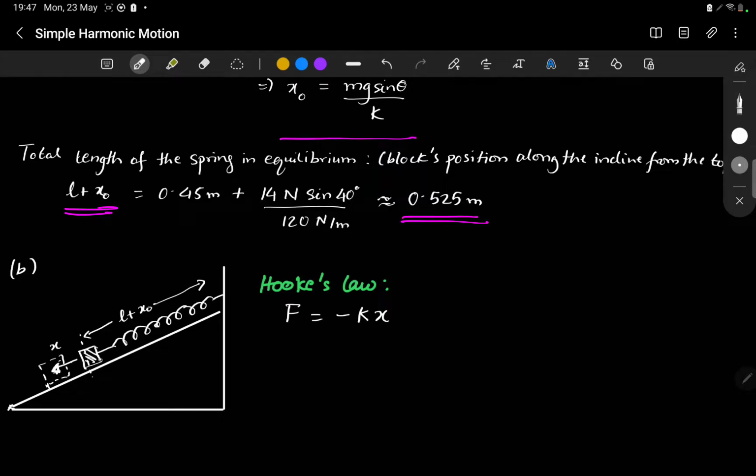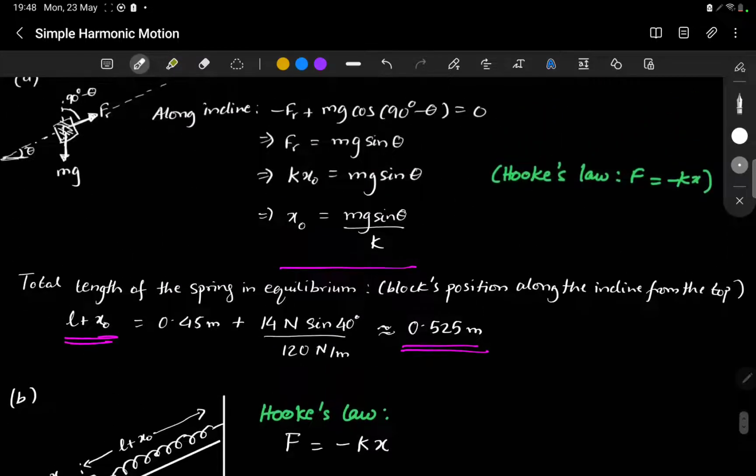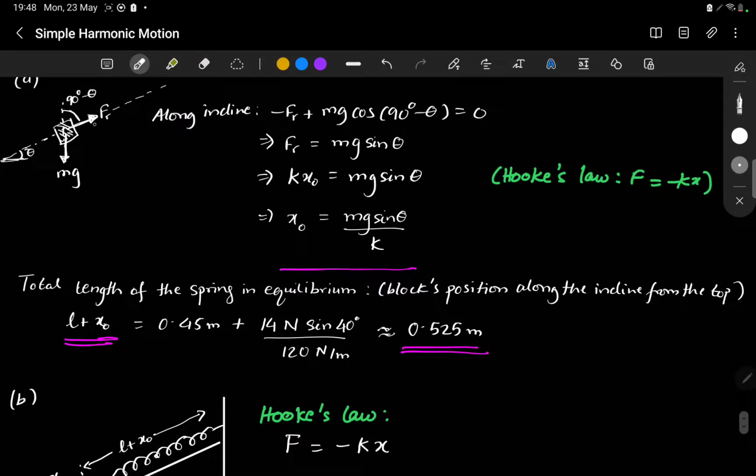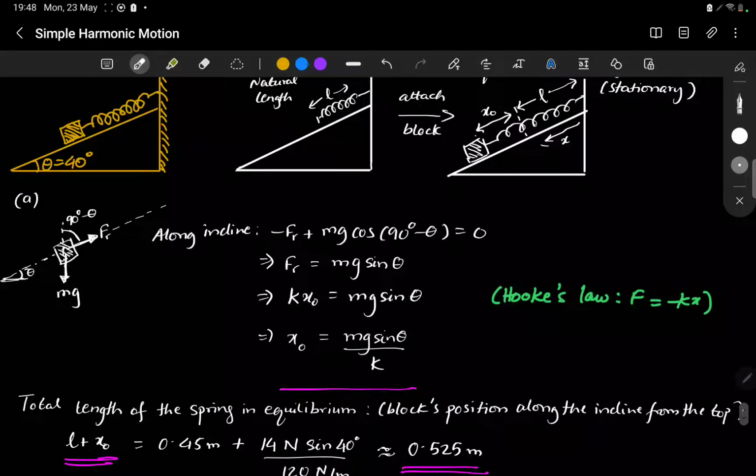So the net force on the block is this restoring force, because in the equilibrium position the force due to gravity and then the force due to extension x naught in the spring gets balanced out because it's the new equilibrium position. Once the equilibrium position is attained, after that we will extend the block furthermore by x distance, and that will lead to a net restoring force on the block, which will lead to simple harmonic oscillation.